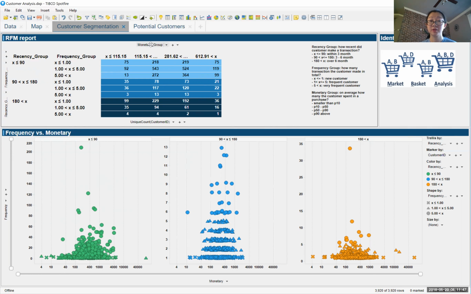Then the monetary part is how much money your customers have, or in other words, how much they typically spend in each transaction. This is how much you can expect they will spend with your business each time.